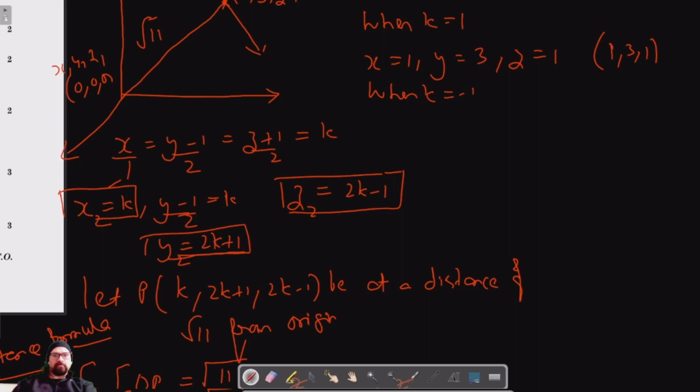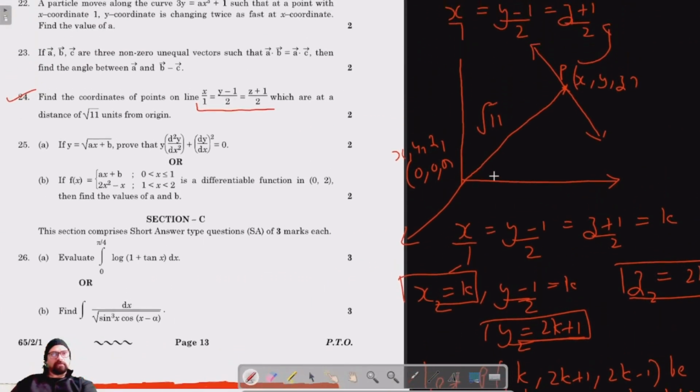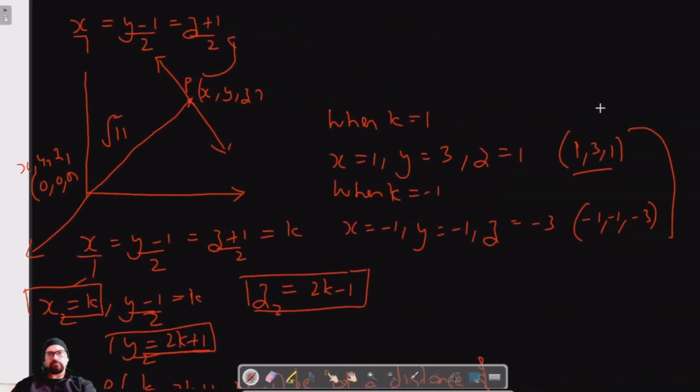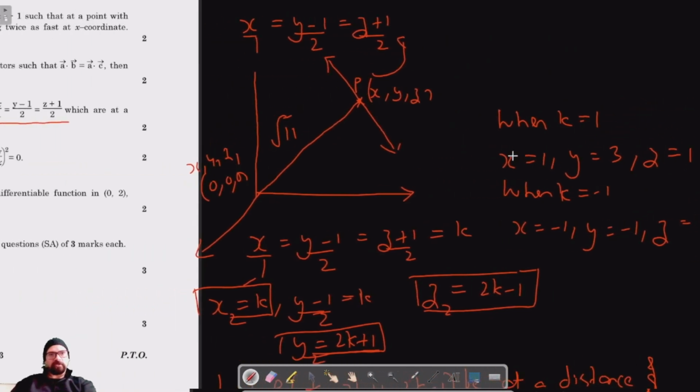And when k is equal to negative 1, x is equal to negative 1, y is equal to 2 into negative 1 is minus 2 plus 1 is minus 1, and z is equal to minus 2 minus 1 is minus 3. So the coordinates are minus 1, minus 1, and minus 3. So 1, 3, 1, and minus 1, minus 1, minus 3 are the coordinates of the point. And this solves our question number 24. Let's move on to the next one. So these are the required coordinates of the point.